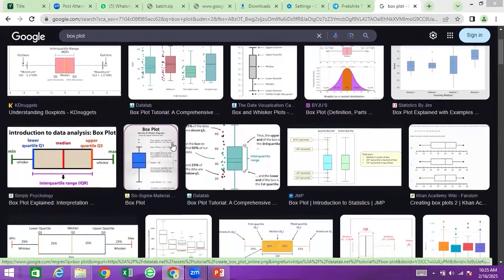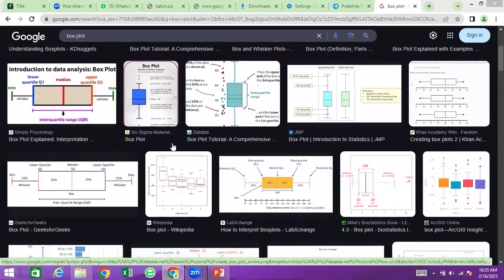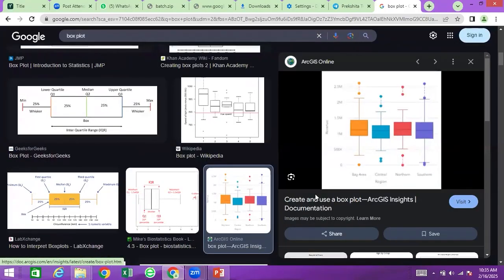Let me show you the one with an outlier. For example, here. The dots that you see outside are something that you can consider as outliers.